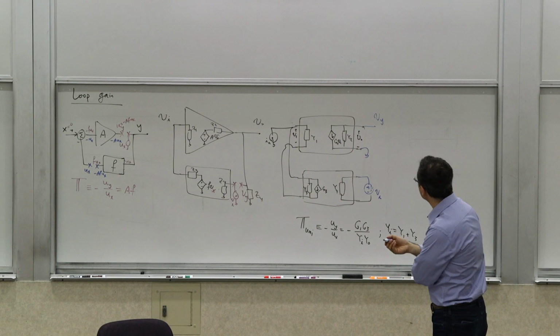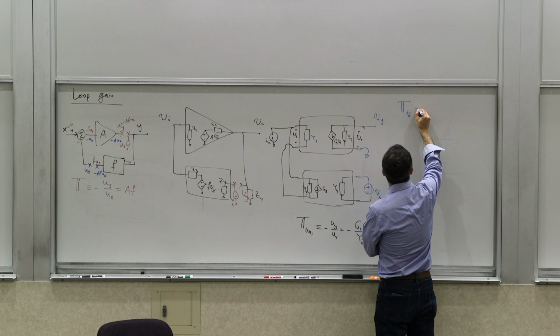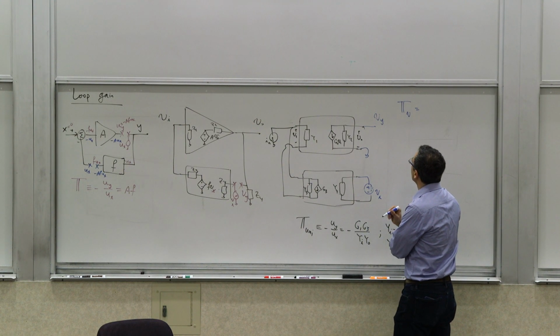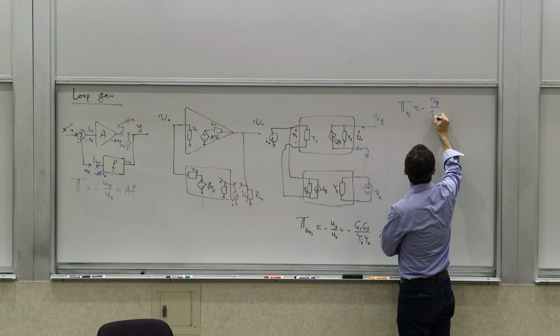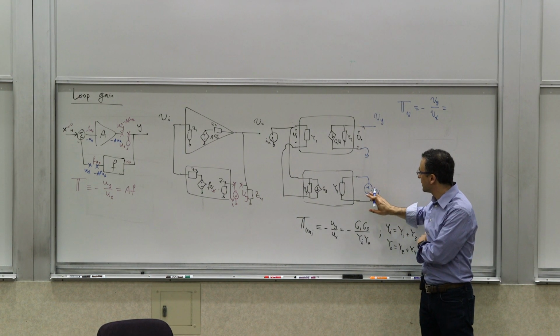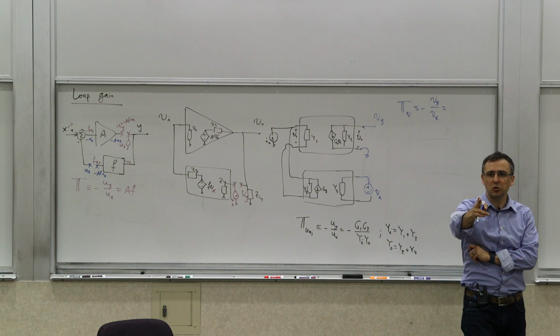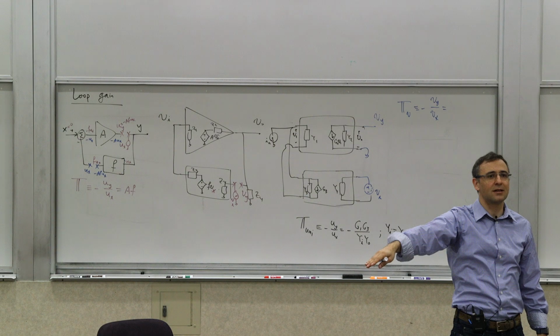If we do this, this is what we call a voltage loop gain, which would be defined as negative Vy over Vx. Remember, this time we are not taking the loading into account. We say, I'm going to cut the loop, and I'm just going to apply a voltage, and I don't care what it does to the rest of the circuit.